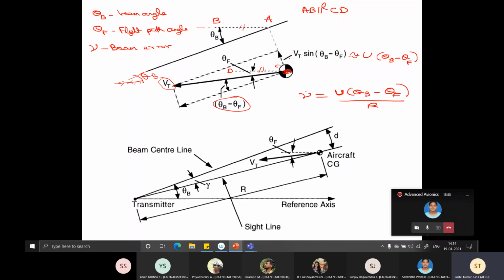So if you look at this component, it is approaching the center line or the glide path, whatever the case may be. So it's approaching the glide center line. Okay. So this is nothing but Vt times the sine of this angle, which is nothing but sine of theta B minus theta F.